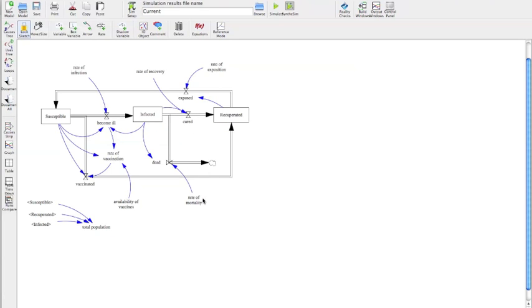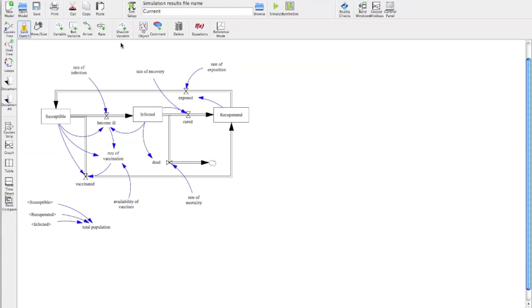There's a rate of mortality there. We're going to see those in a second. The recovered stock is fed because infecteds get recovered and because susceptibles get vaccinated. Now the recovered, in this model, can get re-exposed to the disease, and then they can become susceptible again. That triggers the cycle again.